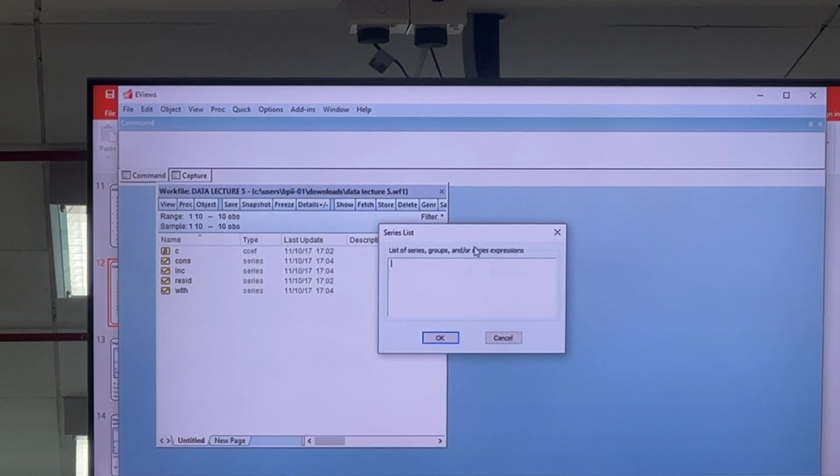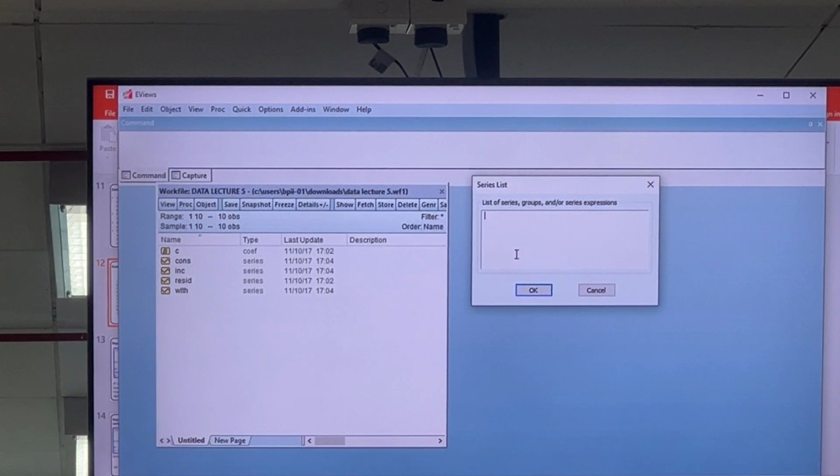So for correlation, you can just type the list of independent variables we have. So income and wealth, WLTH.